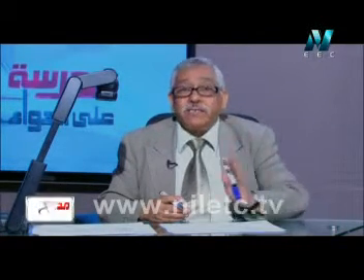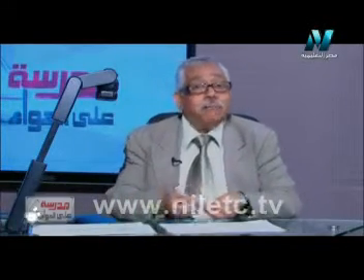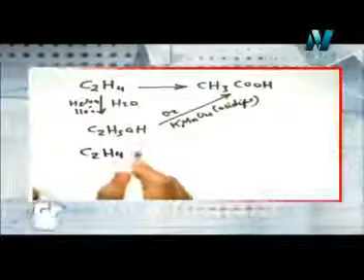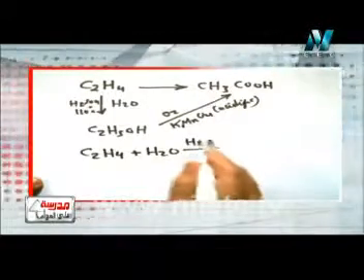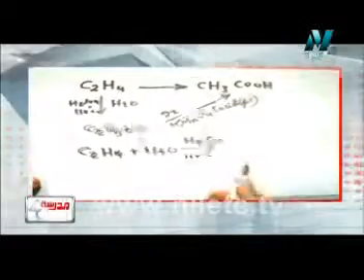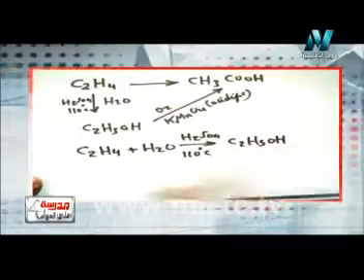But we must write the complete balanced equation. Take care. This is a diagram for you to know how I make this set and how I process to get this equation. Number 1, C2H4 plus water, H2SO4, conditions very important, 110 degrees Celsius, to form C2H5OH, ethanol.